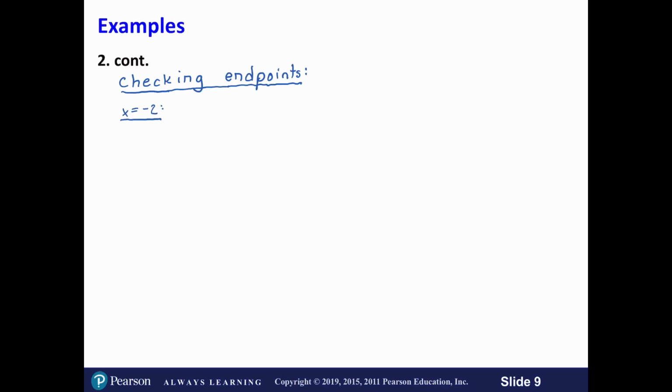we will have the sum. This is just what happens whenever we plug in x equals negative 2. We have the sum from k equals 0 to infinity of negative 1 to the k times negative 2 minus 2 to the k all over 4 to the k. We can simplify this.